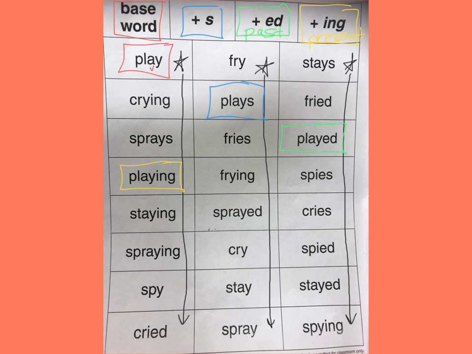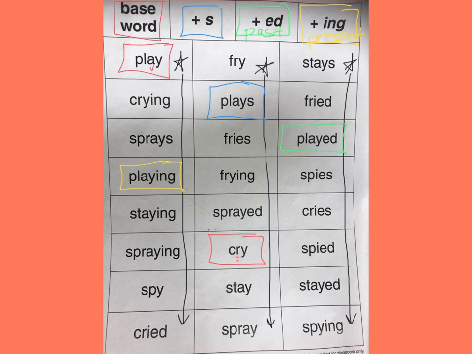If we're looking at the word crying, I'm going to find the base word of crying, which is cry. Notice now there is no vowel before the Y. It's a consonant.